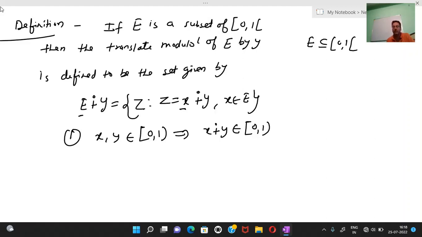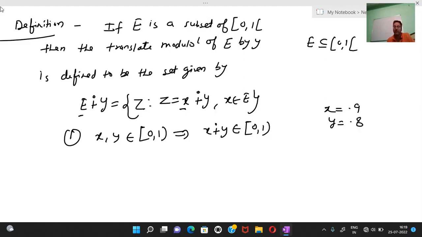We can check by taking an example, because we know that the values of x and y are less than 1. Let x be 0.9 and y be 0.8.